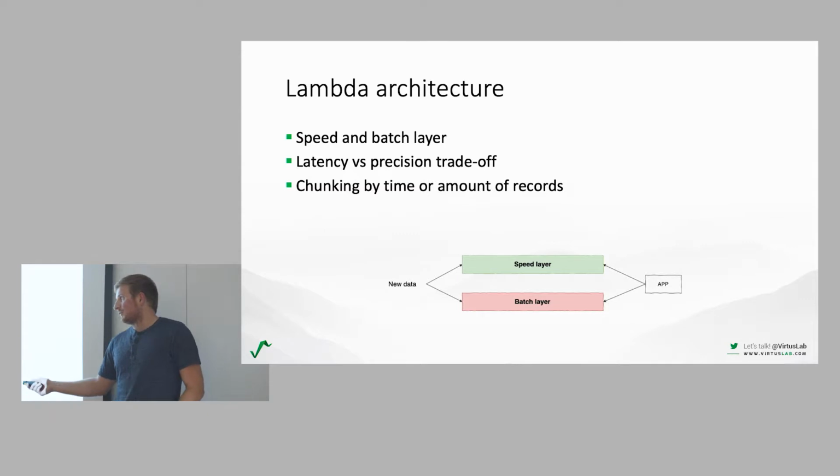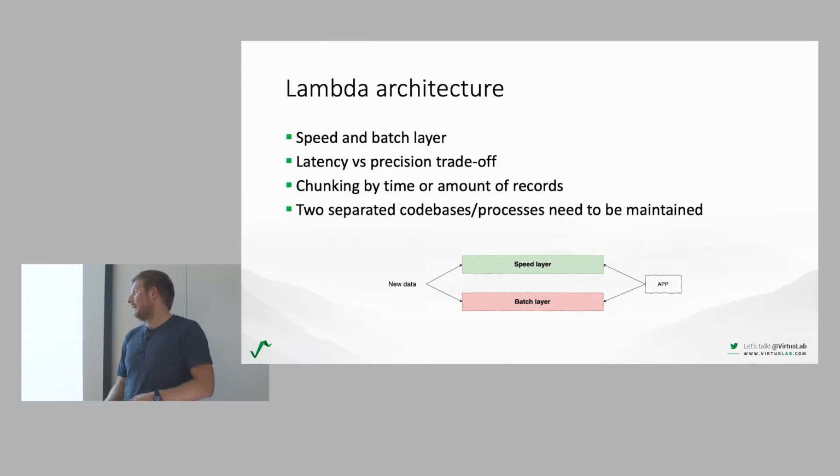In the batch layer, you also need to decide how you are chunking your data. Sometimes these chunks can be based on time, sometimes on the number of records, and maybe some hybrid of these, but still you need to apply some chunking, which may not be natural when you are processing the data as it happens.